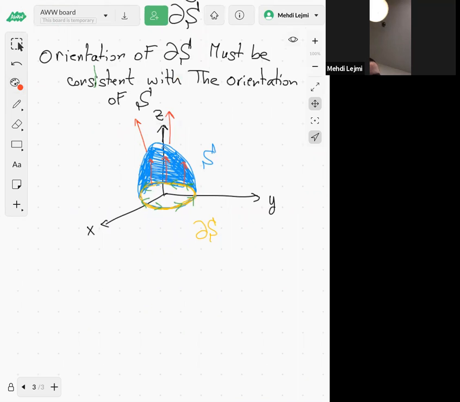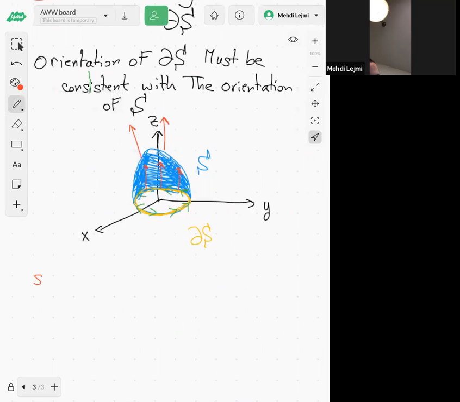Okay, so step one would be to parameterize the boundary of S, which is this circle. So what's the boundary of S? It's this circle, so it's x squared plus y squared equals 9, okay? And of course, z is 0.